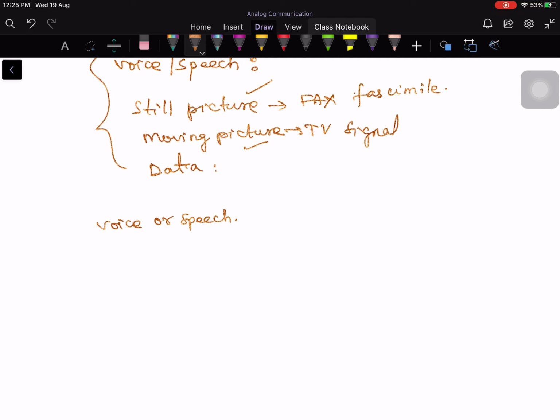So we are primarily interested in human speech. What are the important features of information sources which will be primarily relevant to the discussion on communication systems? That is the spectral band. What is the frequency range it occupies? That is called the spectral band or the spectral occupancy.